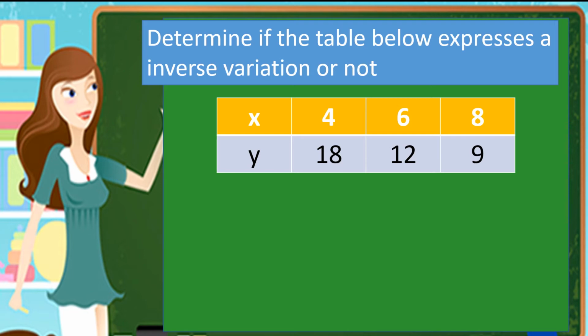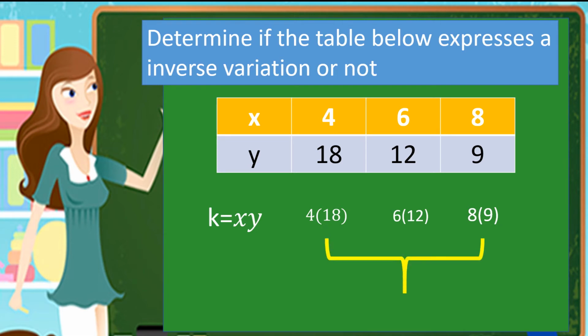So, gamit pa din ang ating formula para mahanap natin ang constant of the variation, we are going to use k is equal to xy. Okay, so we are going to multiply 4 times 18, 6 times 12, and then 8 times 9.